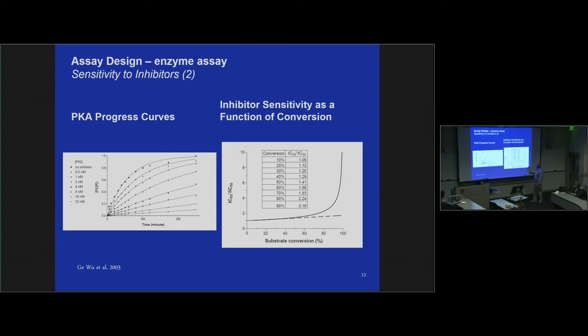And it turns out you can get away with a lot. You can get away with converting 50, 60% of the substrate with a less than twofold loss in sensitivity. And that's going to give you a much better Z prime factor. In fact, most HTS assays, unless they already have a huge window, are run maybe at 50% conversion or thereabouts.